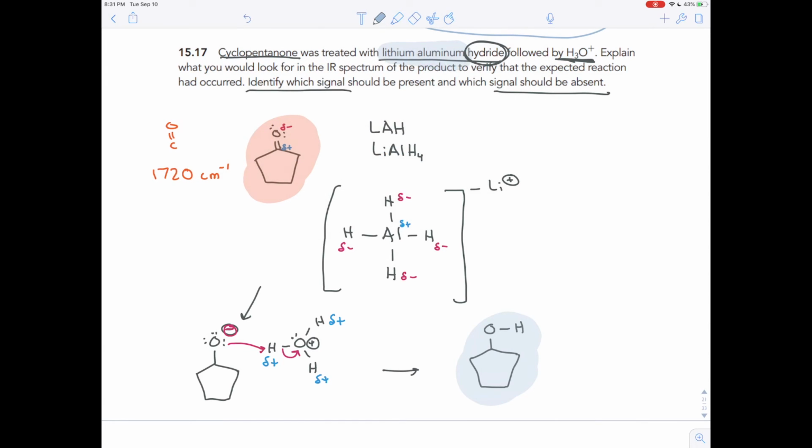And our product has the alcohol. And if you recall, the bond between the oxygen and the hydrogen of that alcohol casts a smooth, broad shadow between 3200 and 3600 wave numbers. So how would you know if the reaction happened?